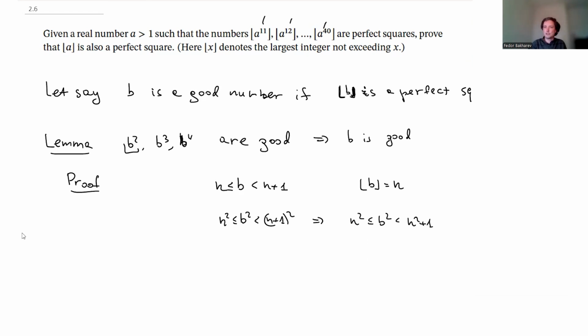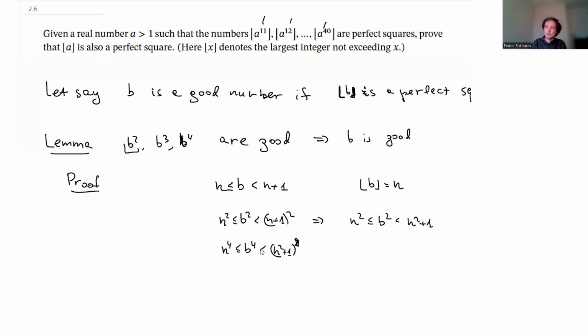But then we could square this inequality and get that b to the power 4 is greater than n to the power 4 and smaller than n squared plus 1 to the power 2, that is, n squared plus 1 squared.